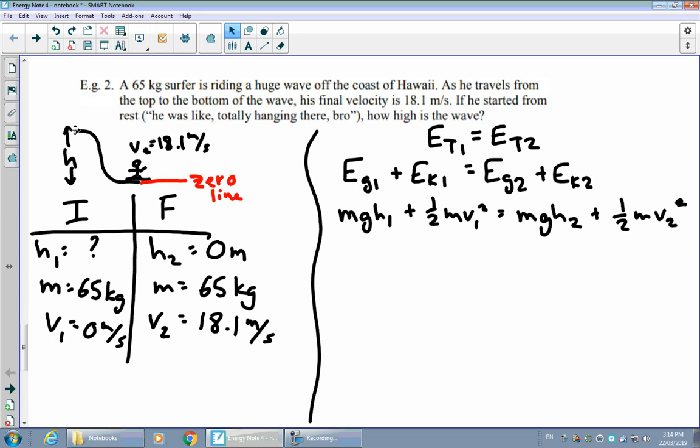From here, what we did in the previous question was cancel out the mass, which you might think we don't want to do in this case because we actually know mass, so that's useful. And in fact, we could use the mass and we could sub it into this equation exactly where you see mass. But again, we don't actually need it.